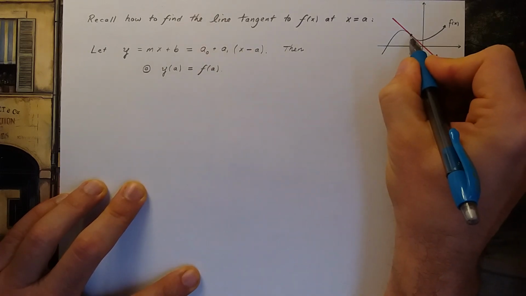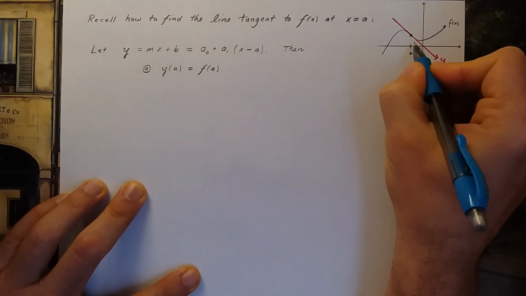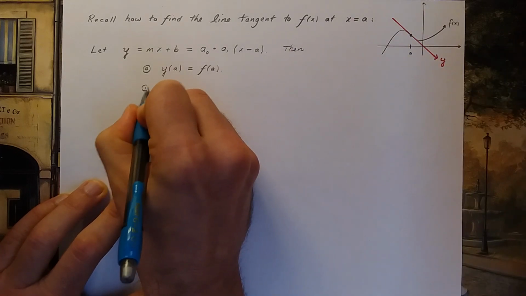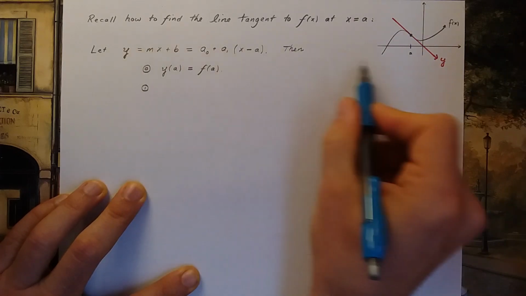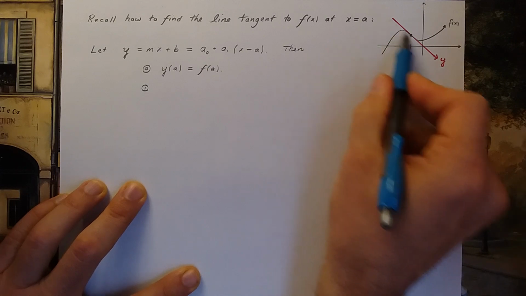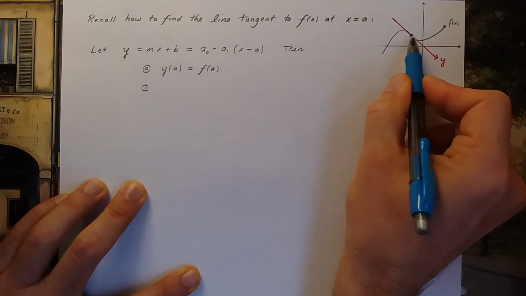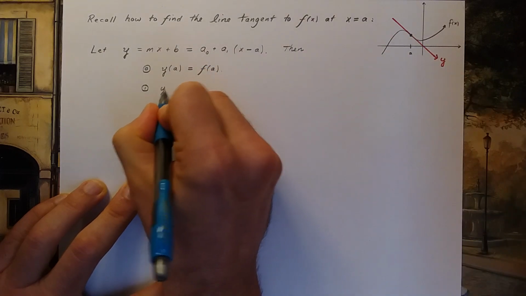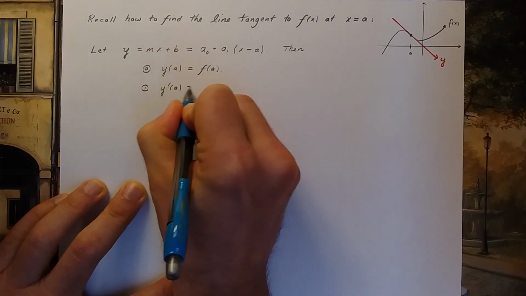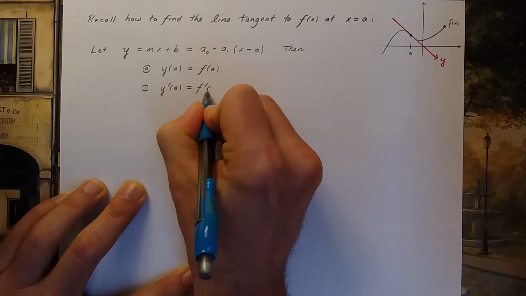All this is saying is that the graphs meet here at this point. The next property that a tangent line must satisfy is that the derivatives have to match. The slopes of the line and the function have to be the same at a. So that means their first derivatives are the same when I plug in a.